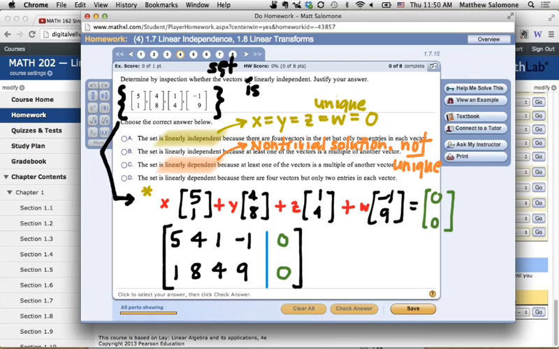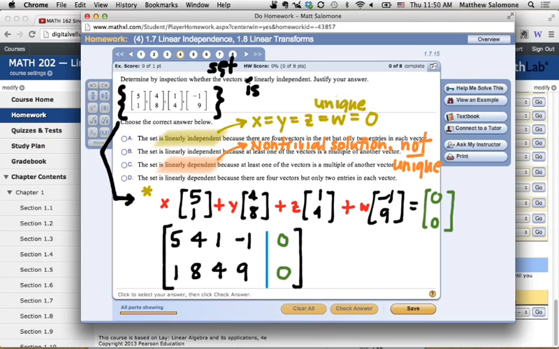So what are we looking for in this row reduction to tell us how many solutions the system has? Without actually doing out the row reduction, what would we be looking for? How many pivots, right? And for this system of equations, how many pivots are there? At most, we can only have 2 pivots.